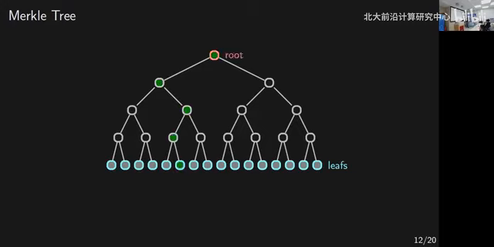Then we have here a path from a leaf to the root. And if we look at all the siblings of nodes on this path, it's the yellow nodes. That's the authentication path.